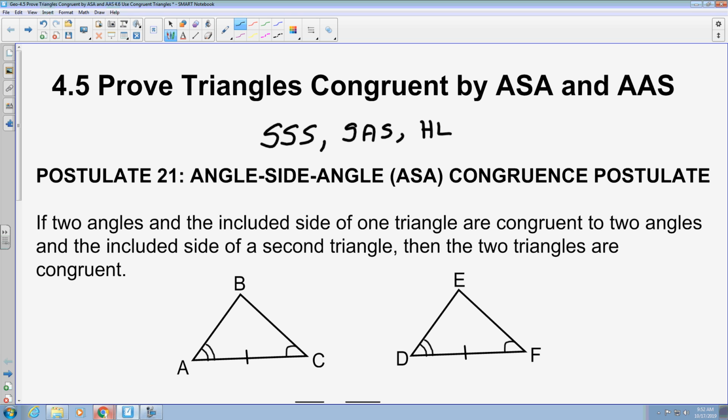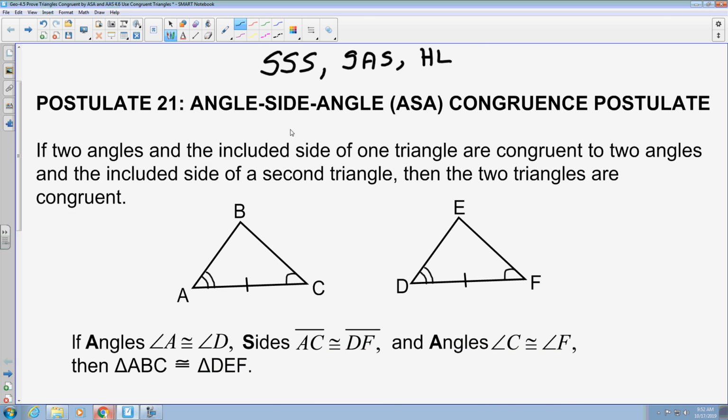So today we're going to look at the last two postulates and theorems that could make triangles congruent, and that's angle side angle and angle angle side. Angle side angle basically means you are either given or able to prove that two angles are congruent.